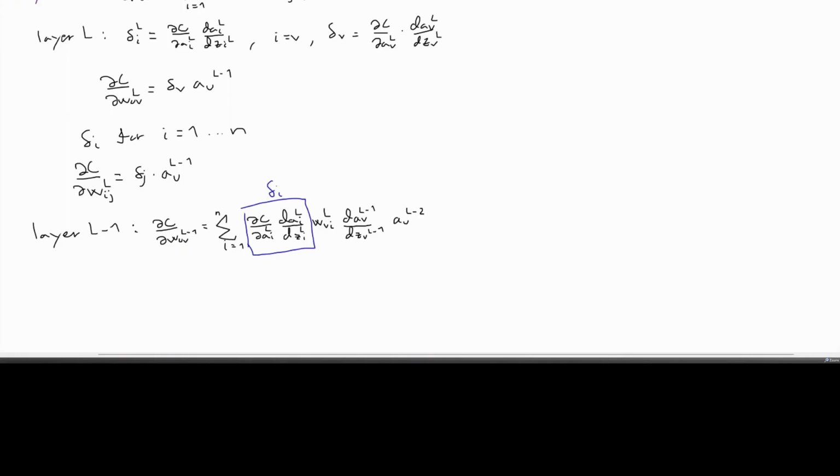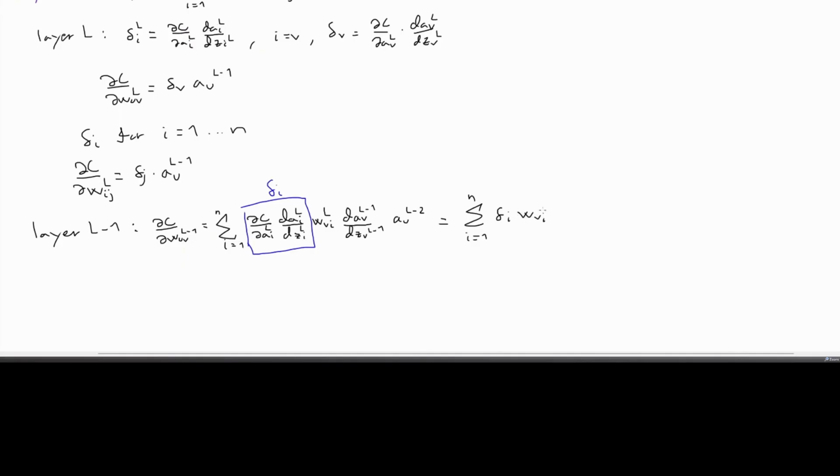And then we get that this derivative is equal to the sum as I goes from 1 to n of delta I times W_VI^L times the derivative of the activation at neuron V from layer L minus 1 with respect to its weighted input, times A_U^(L-2).